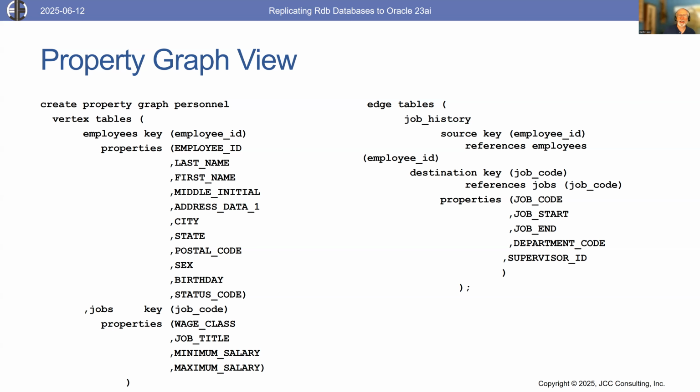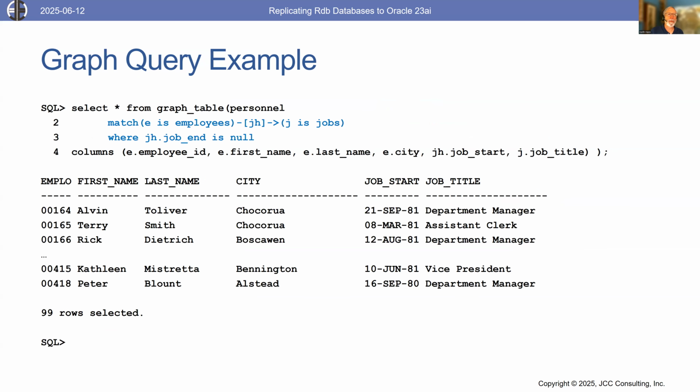And so that is essentially what this is doing, is defining a view that includes those connections. The job history is an edge where it references the employee ID and employees, and the job code in the jobs table. This is a small example, so it doesn't show you the full power of property graphs, but this gives you an idea of where to start.